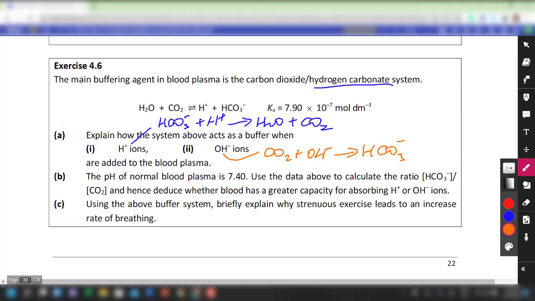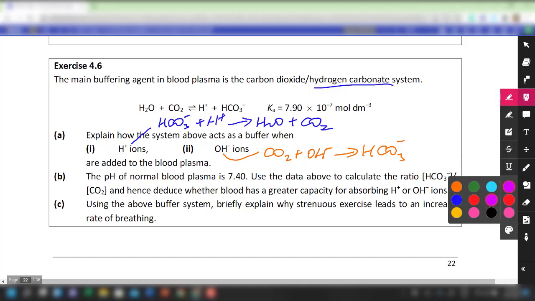Okay, and how do you explain how the above system acts as a buffer? We explain it in a similar way as we explained how the buffer system works in our earlier cases. Right now we will highlight the key components, which are bicarbonate and CO2.